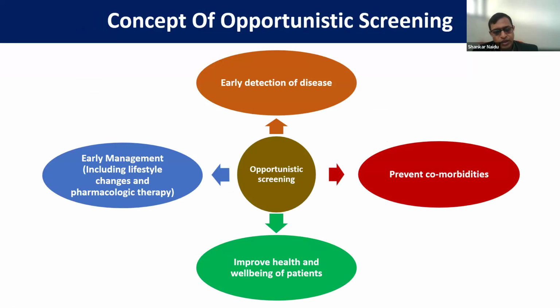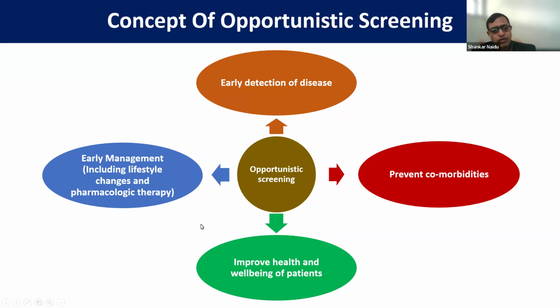Meaning that whenever there is an opportunity to assess a patient in the healthcare facility, we do basic screening for the presence of various non-communicable diseases. With respect to the ART centers, our opportunity is when the patient presents to an ART center either for the first time or during subsequent visits. That is an opportunity for us to screen the individual patient for any risk factors or presence of various non-communicable diseases.